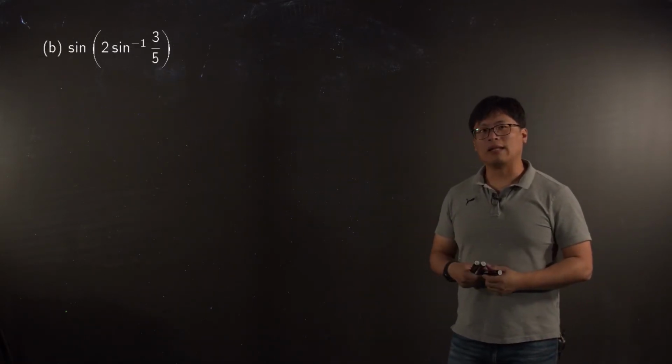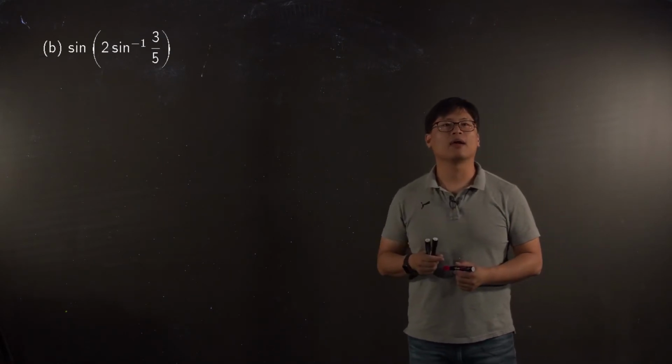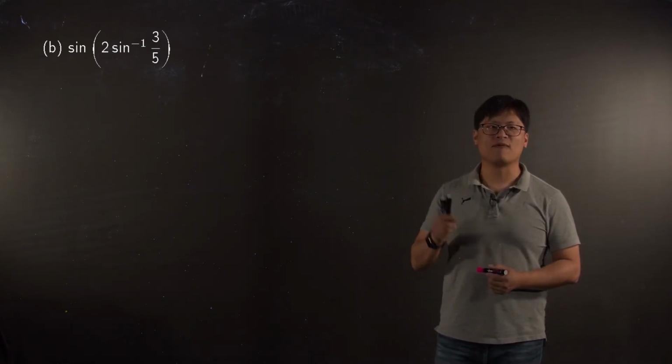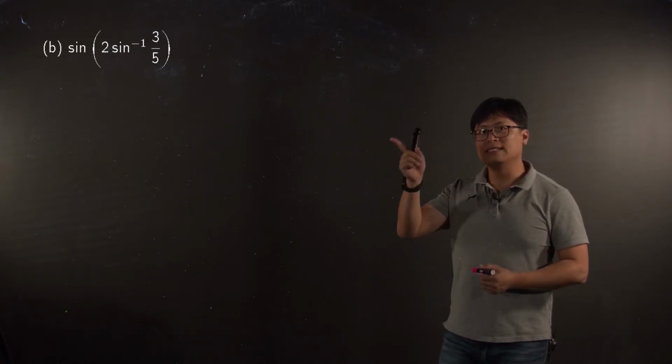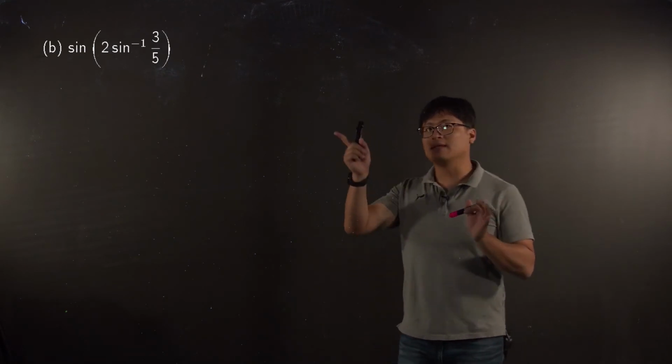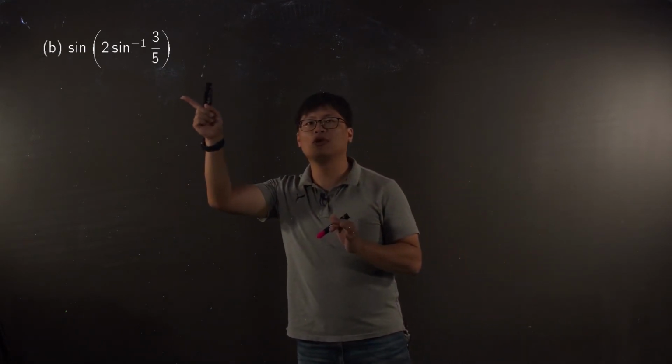Here we go. Another example with the same technique. We're going to try to find sine of 2 sine inverse 3/5. Again, sine inverse and arc sine are the same. The important thing is there is a 2 in front of the sine inverse.